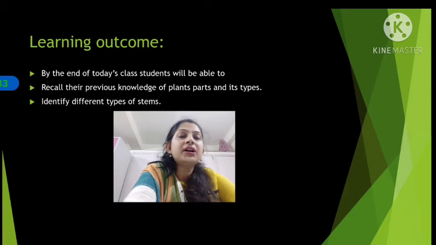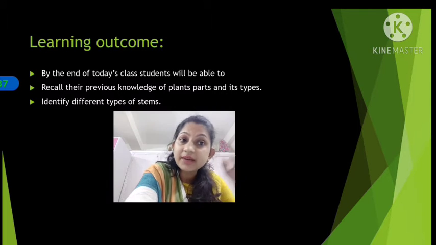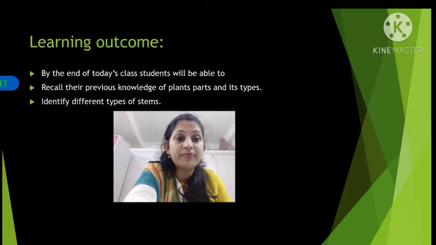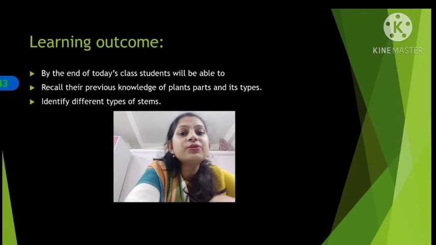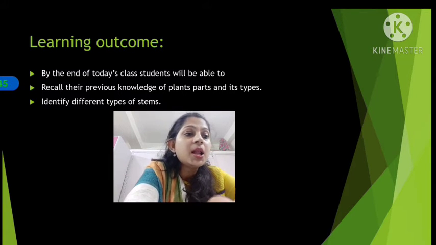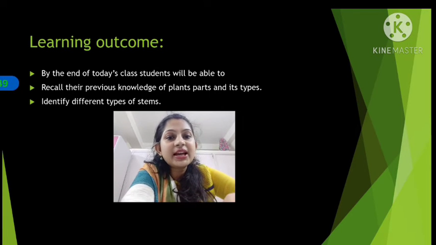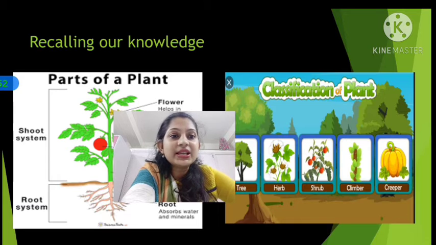If a very thin stem is given to you, or a very thick stem is given to you, you should be able to identify the type of plant. Okay, so those things should be a takeaway from this class. So without wasting time, let's move ahead.